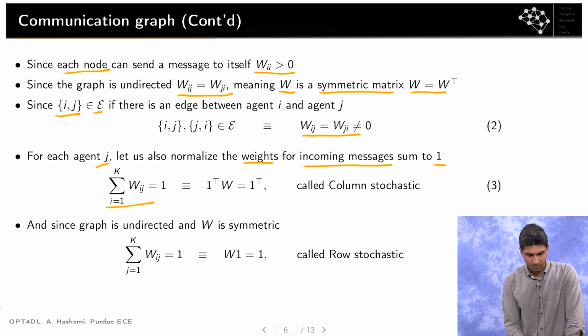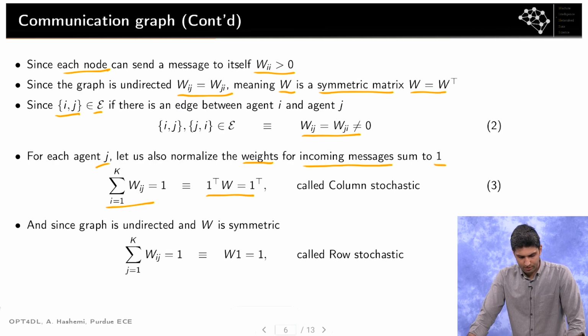Note that the notation ij means I'm sending from i to j. So if I'm normalizing the weights for incoming messages, the sum has to be over i. In matrix notation, the equivalent way of writing this normalization is that the vector of all ones transpose times W is equal to the vector of all ones transpose. And just as a fun fact, a matrix that satisfies this condition is called a column stochastic matrix.